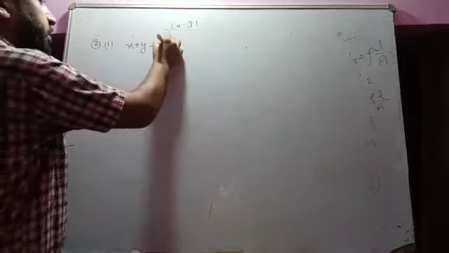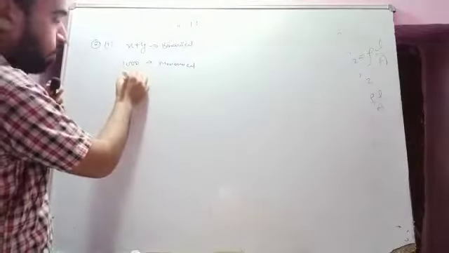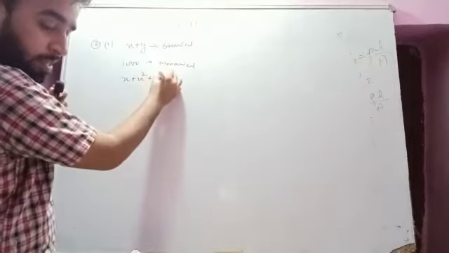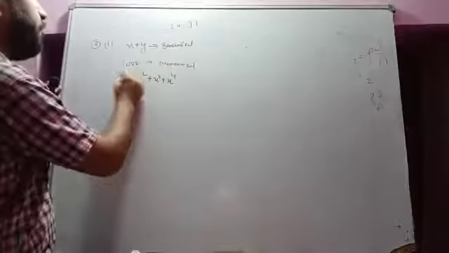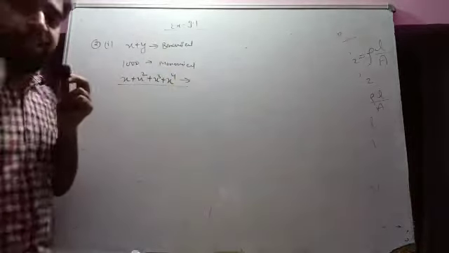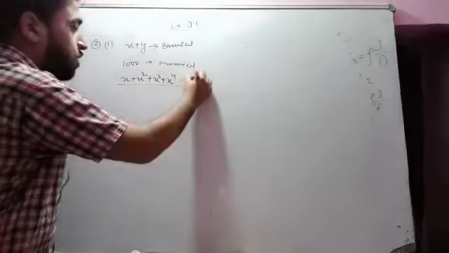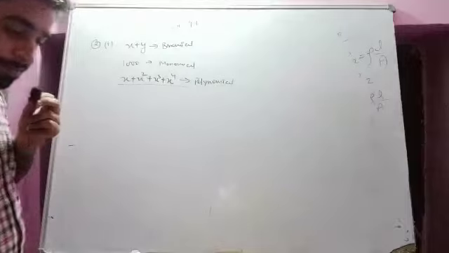How many terms are there? 1. So this will be monomial. x plus x square plus x cube plus x power 4. How many terms are there? There are 4 terms. For 3 terms, trinomial. For 4 terms we will use polynomial only. So this is polynomial. I have told this to you.